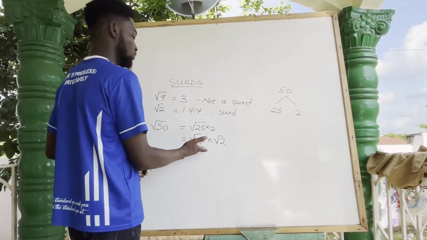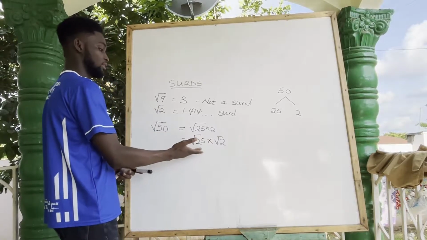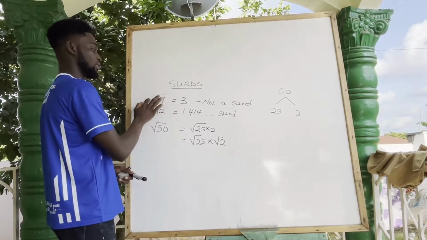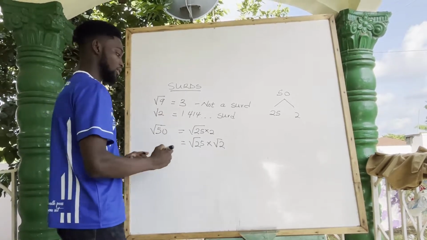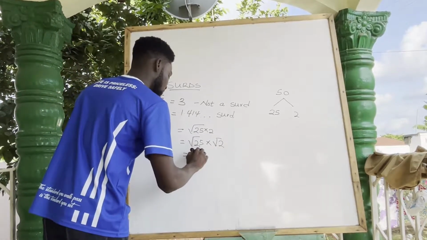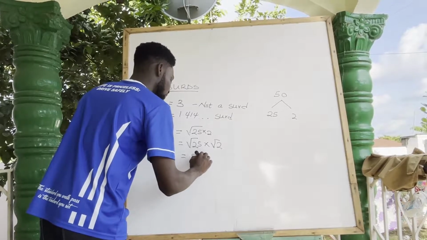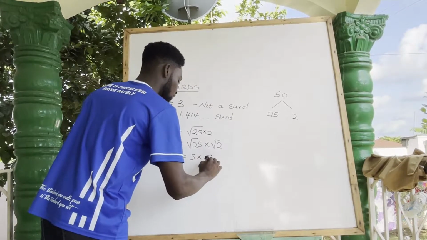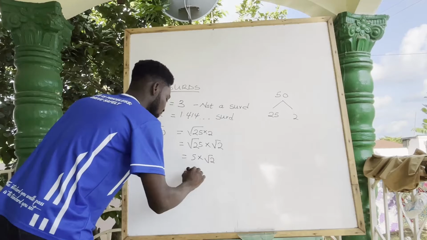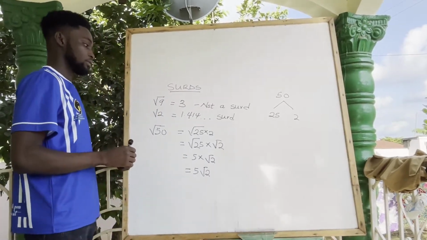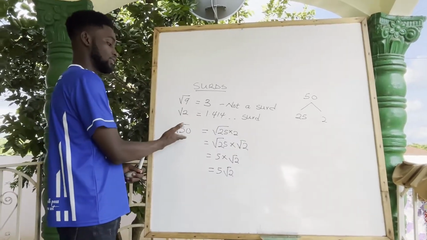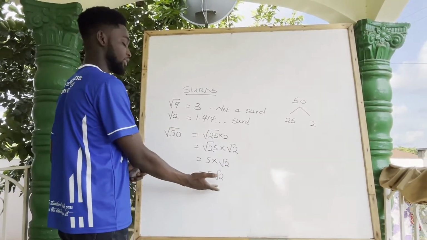But root 25 in this case is supposed to give us a 5, as we saw in this case, root of 9 giving us 3. So this is supposed to give us 5 times root of 2. So this, for instance, is 5 root 2. So if you are supposed to simplify root 50, this is your simplification.